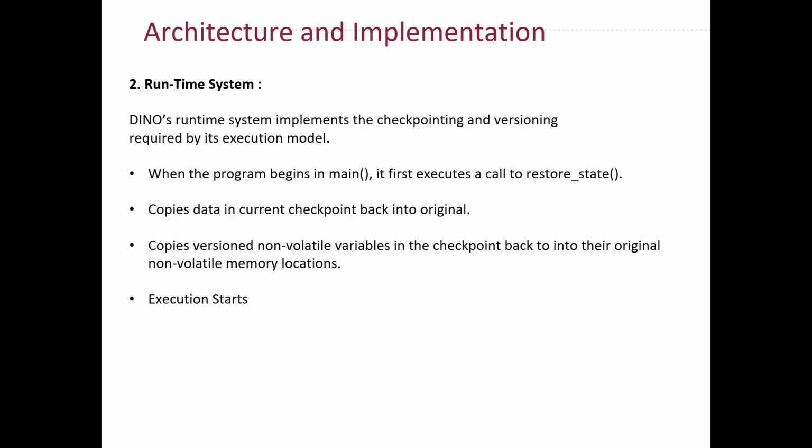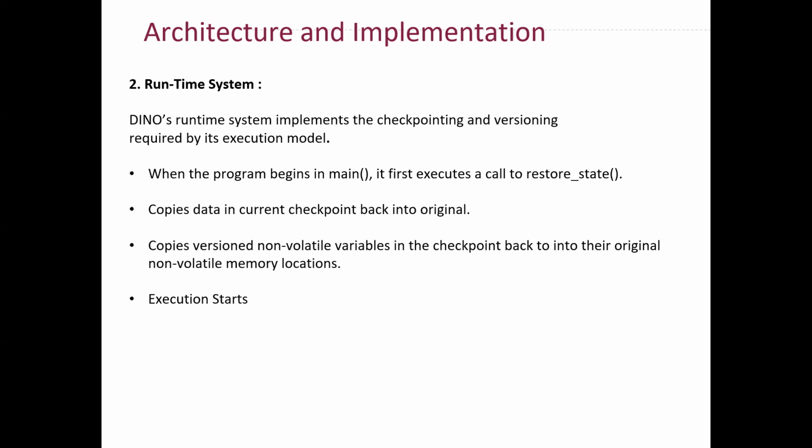So let's say when the program begins in main, it first executes a call to restore state. This is automatically inserted by the DINO compiler. This runtime library function copies the data in the current checkpoint back into the original corresponding registers and memory locations, saving the program counter, stack pointer, and frame pointer for last.